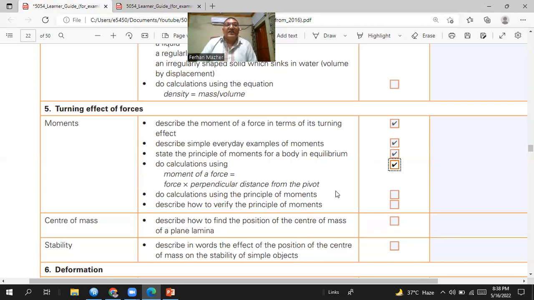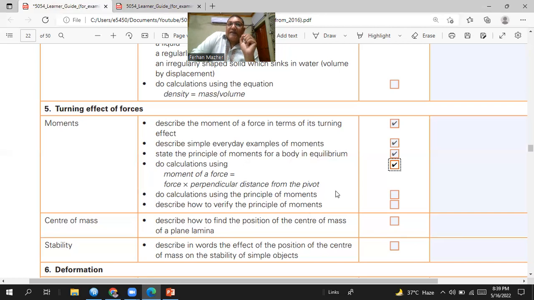And there we use anti-clockwise moment and clockwise moment equal to each other. From the principle of moments, you find sometimes, for example, one weight is given, its distance is given, the other weight's distance is given from the pivot, but its weight is not given. So you can find that weight.